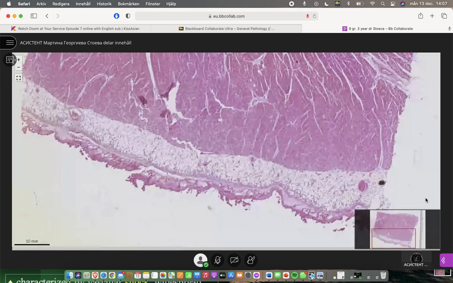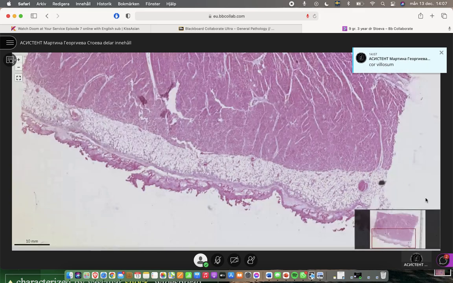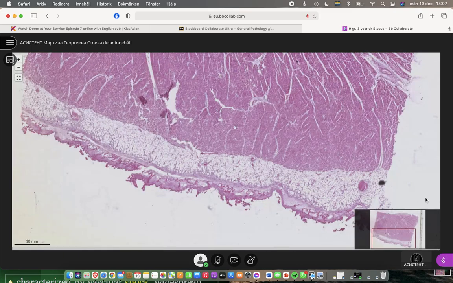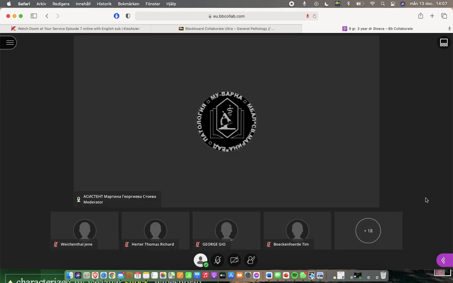In this case, we call the gross appearance of the heart cor villosum. Cor villosum. If you get the more histological slides, you may be asked about the gross appearance of the heart as well. Questions?